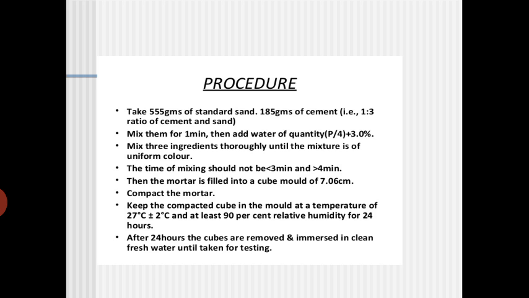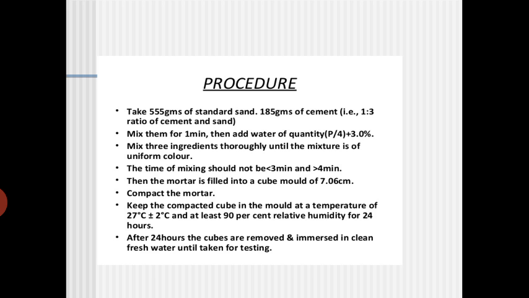Again, you have to follow the IS code to see how to mix, how much for manual mixing, and for machine mixing how many rpm you have to fix with the speed of the motor. The time of mixing should not be less than 3 minutes and not more than 4 minutes.